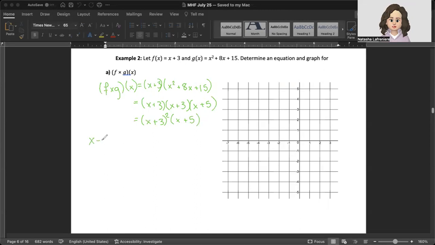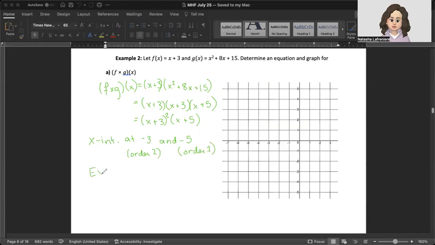And so our x-intercepts are at 3 and -5. So this is order 2. And this guy is order 1.